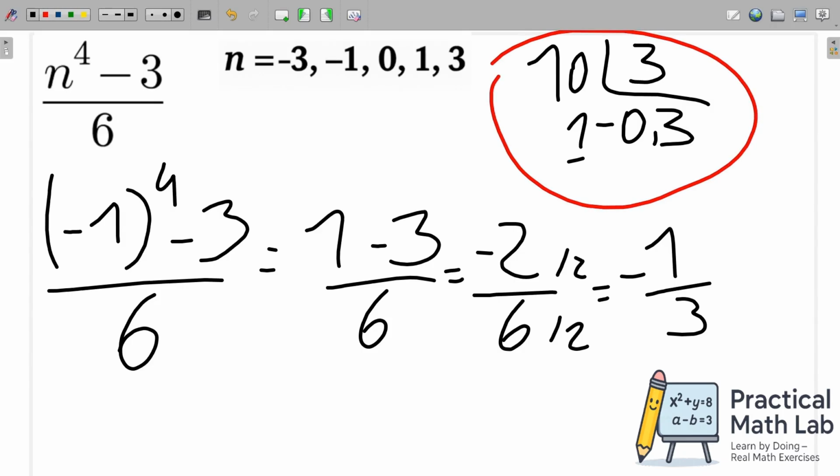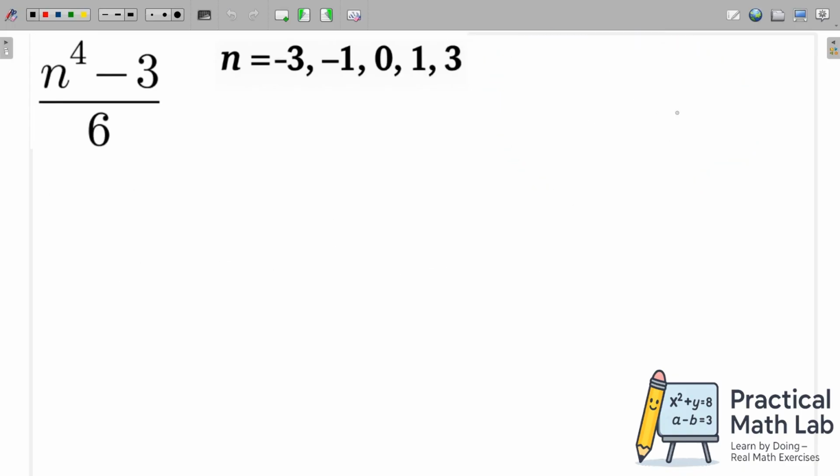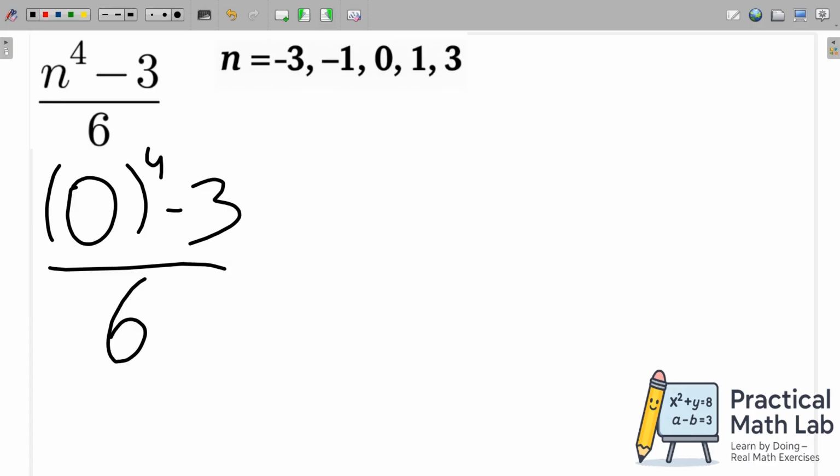Now let's substitute with the next one. Substitute with 0. 0 to the fourth - 3/6. 0 will just be 0, so it's -3/6. Can we simplify it? Yes, by 3.